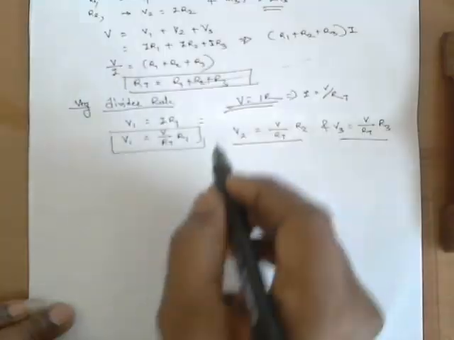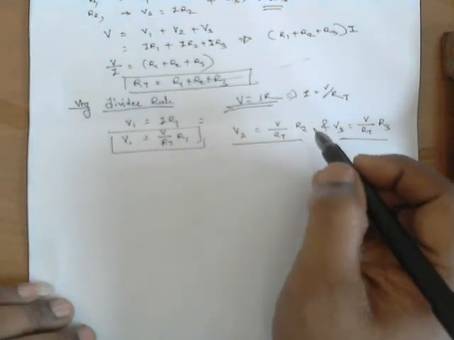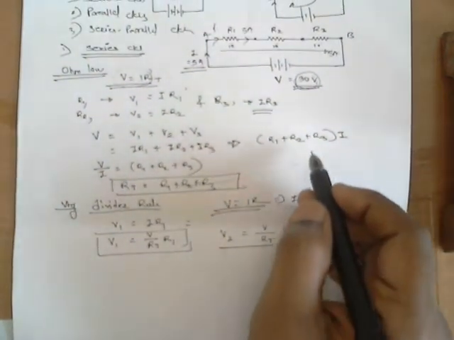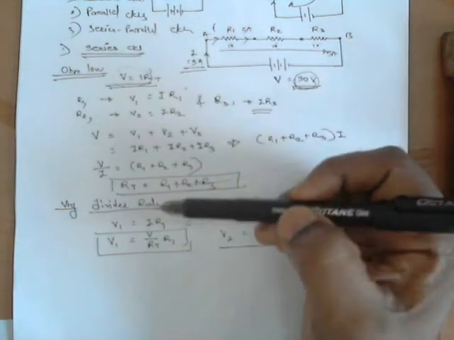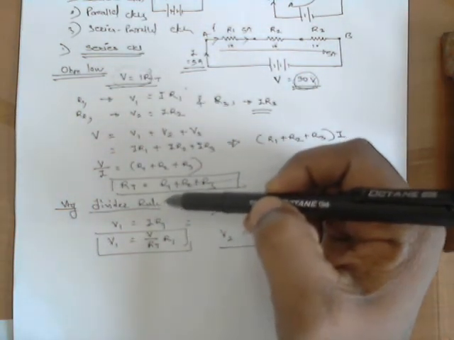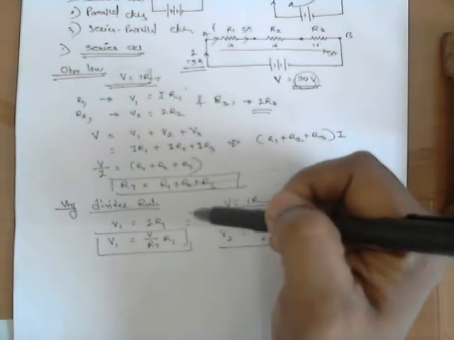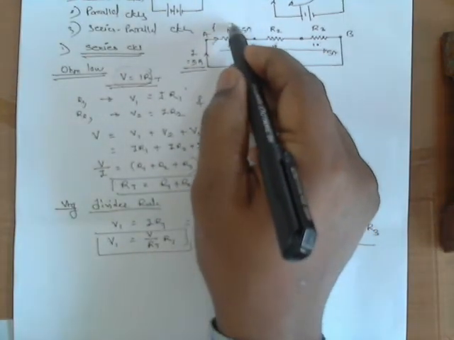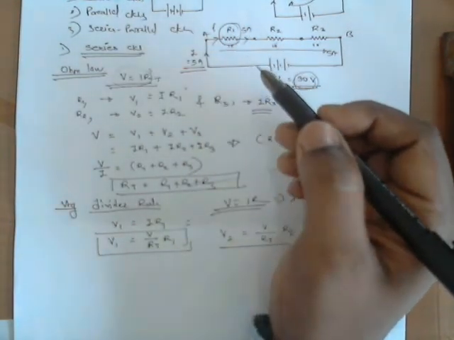Okay, so by the voltage divider rule, I can give you one simple trick. When your resistances are in series, you can apply the voltage divider rule. When they are in parallel, I will tell you later. But in series, if you want to find out the voltage across this resistance, what is the rule?